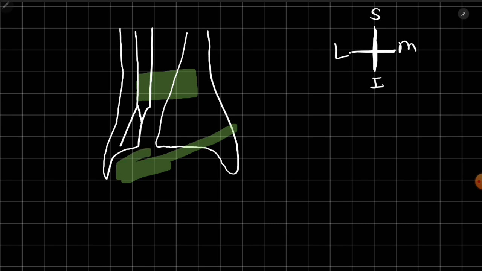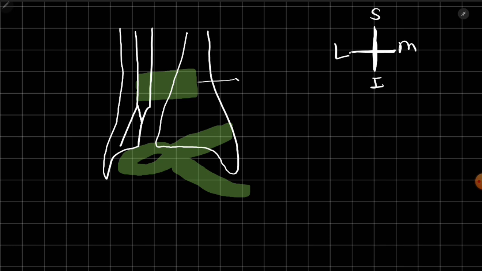It extends backwards, encloses the tendons and goes backwards, and another band is also present, since it is Y-shaped. So these are the attachments. What are the attachments? We will write the attachments.